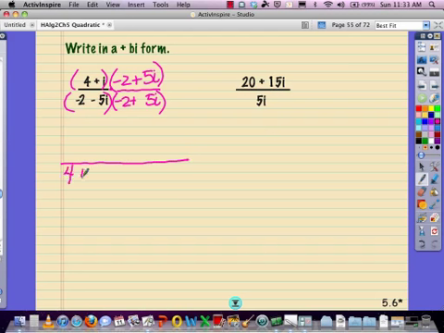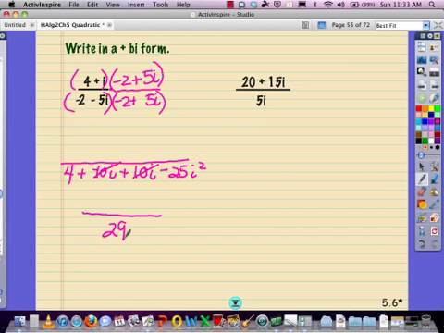Outsides would be a negative 10i. Insides would be a positive 10i. And last times last would be a negative 25i squared. Simplify, you can see your two middle terms will cancel. The negative 25i squared is really positive 25. With the 4, our denominator ends up being 29. That's exactly what we wanted, a real number, not a complex number.